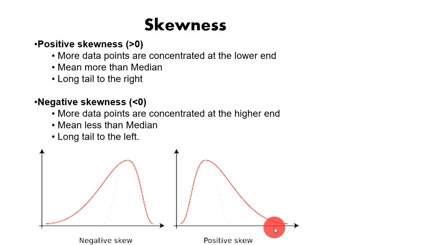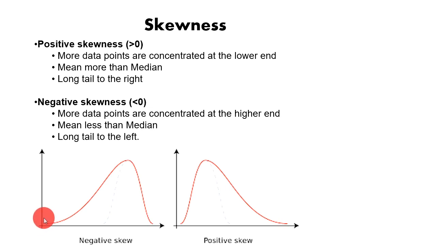When the tail is leaning more towards the higher values, this means it's a positive skewness. But when the tail is leaning more towards the lower values, this is a negative skewness.